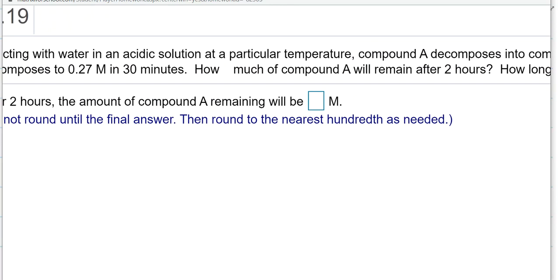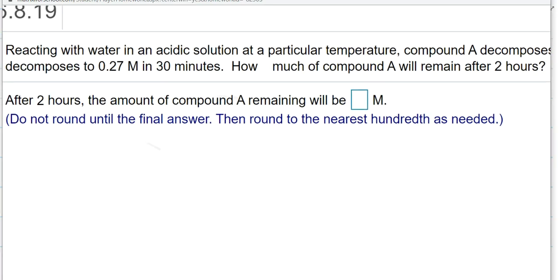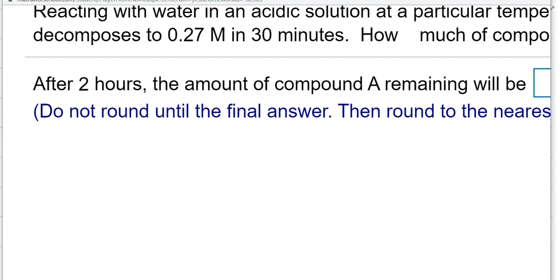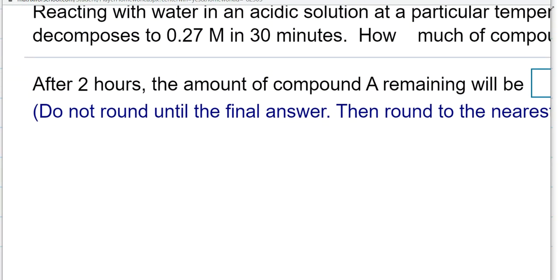And so we've got to be real careful here. I just noticed that one mention of time is measured in minutes and one is measured in hours. And since our question is asking about time in terms of hours, I'm going to treat 30 minutes as 0.5 hours. That's a little bit tricky, but it's a good thing to be aware of.